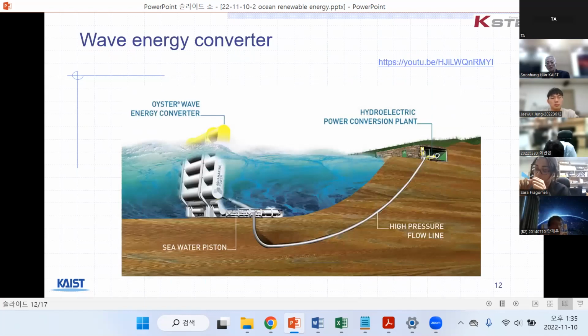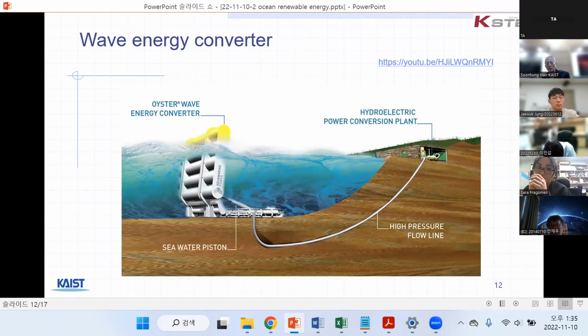The other idea is the oyster style wave energy converter. The structure goes up and down because the wave is up and down.